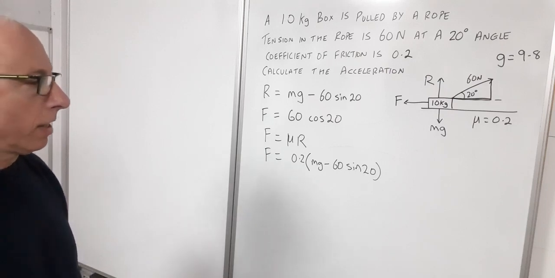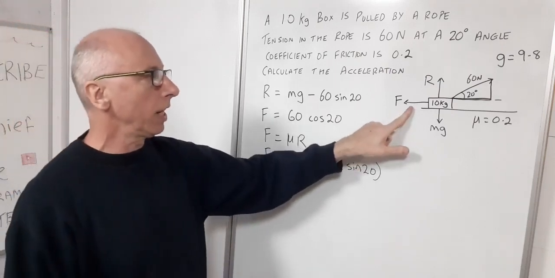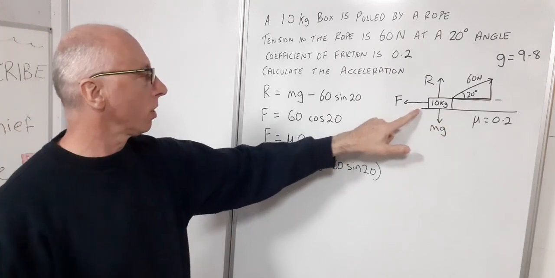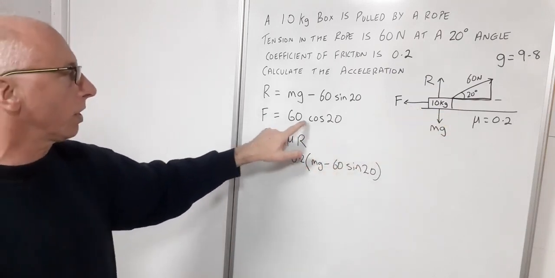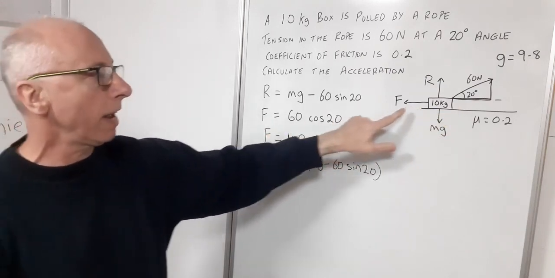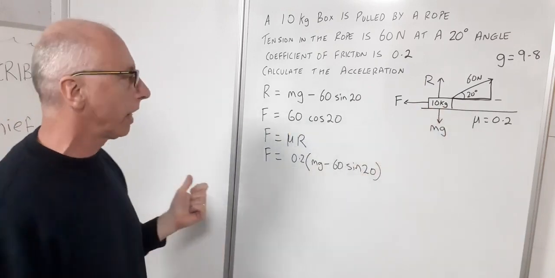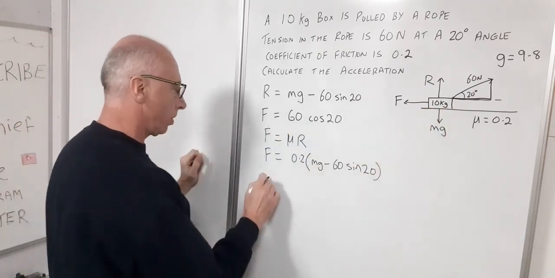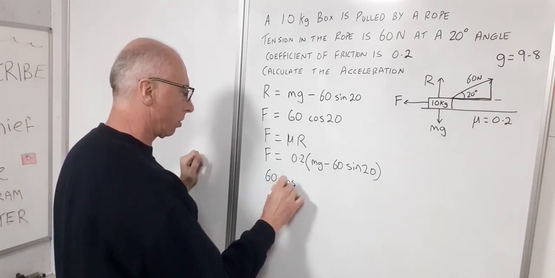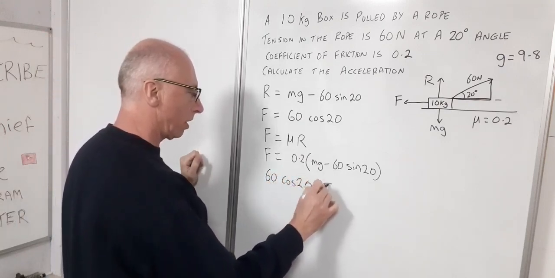Okay, right, now the resultant force here is going to be 60 cosine 20 minus F, as we're going to try and calculate our acceleration. So 60 cosine 20 minus F.